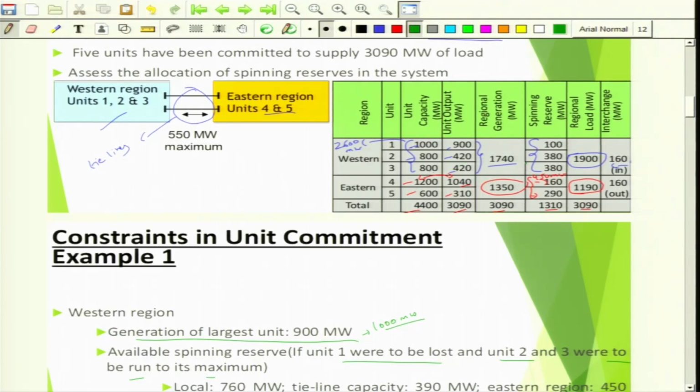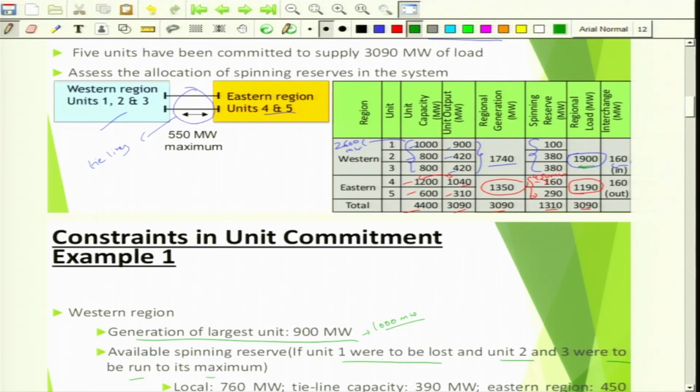The regional load is 1900 megawatt, and the 900 megawatt that was supplied by unit 1 is taken away, right. Now the maximum capacity of the units available is 800 plus 800, 1600 megawatt, right. So 1900 minus 1600 is 300 megawatt.